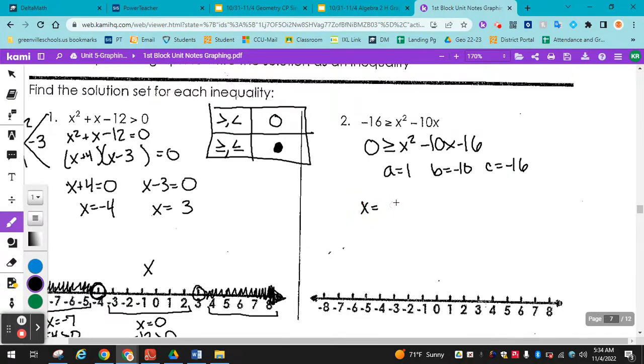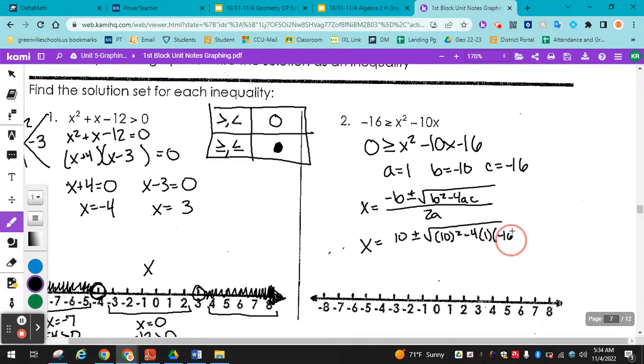So x equals negative b plus or minus the square root b squared minus 4ac all over 2a. X equals 10 plus or minus the square root, positive 10 because I had to change my signs. 10 squared minus 4 times 1 times negative 16 all over 2 times 1.